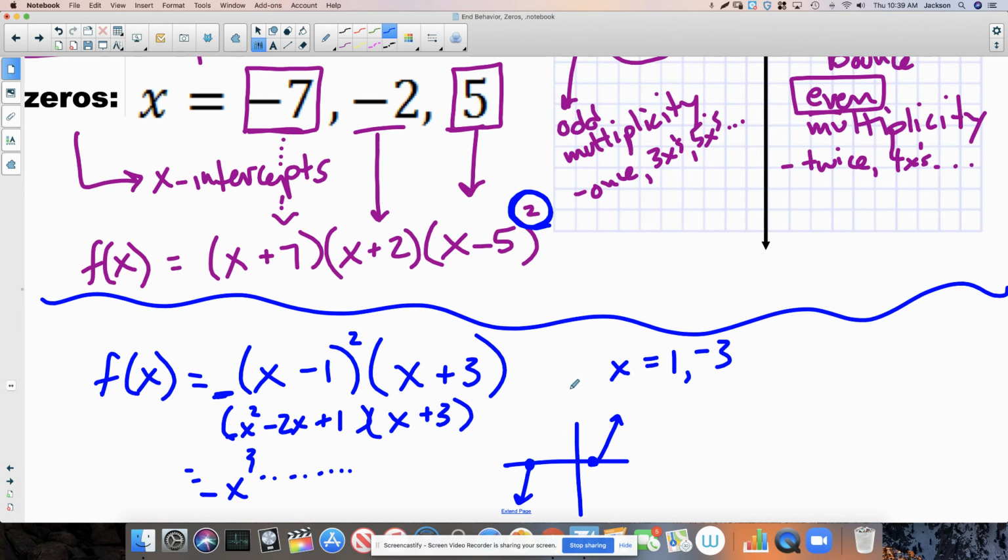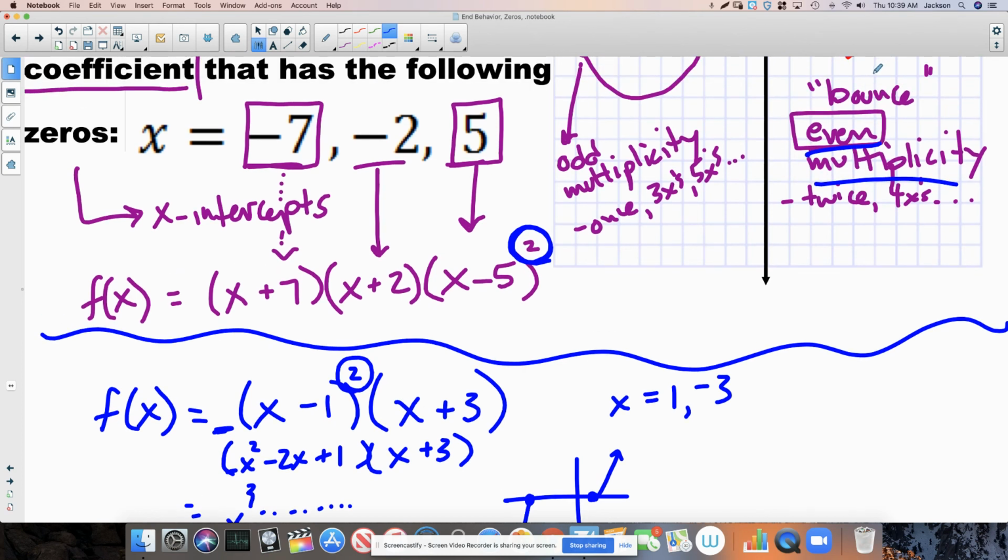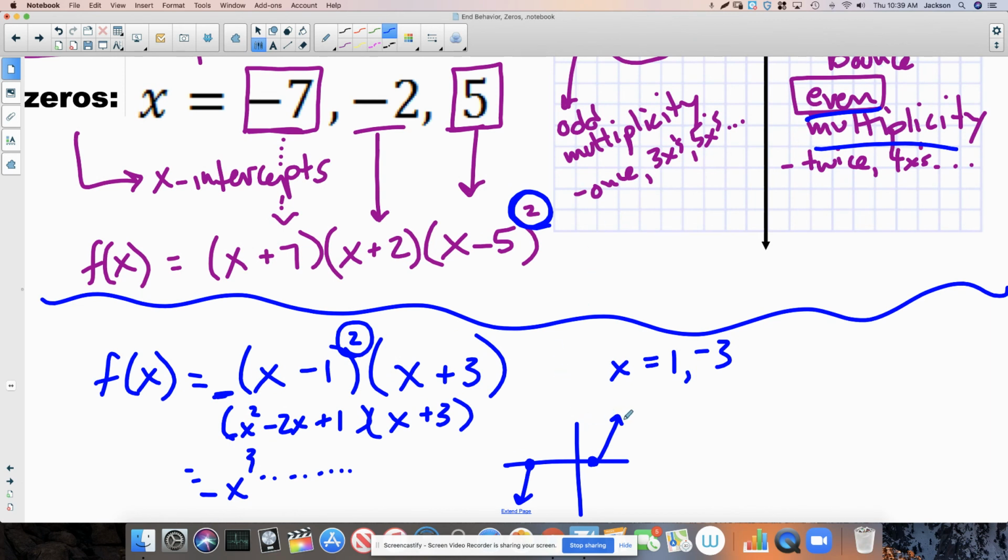So what happens, right? This even multiplicity at positive 1, because it counts twice, and because even multiplicities bounce off the x-axis, I would know that this graph would come here, bounce off that, and then at some point it would turn back down like this. So it would give me an idea of what this graph looks like.